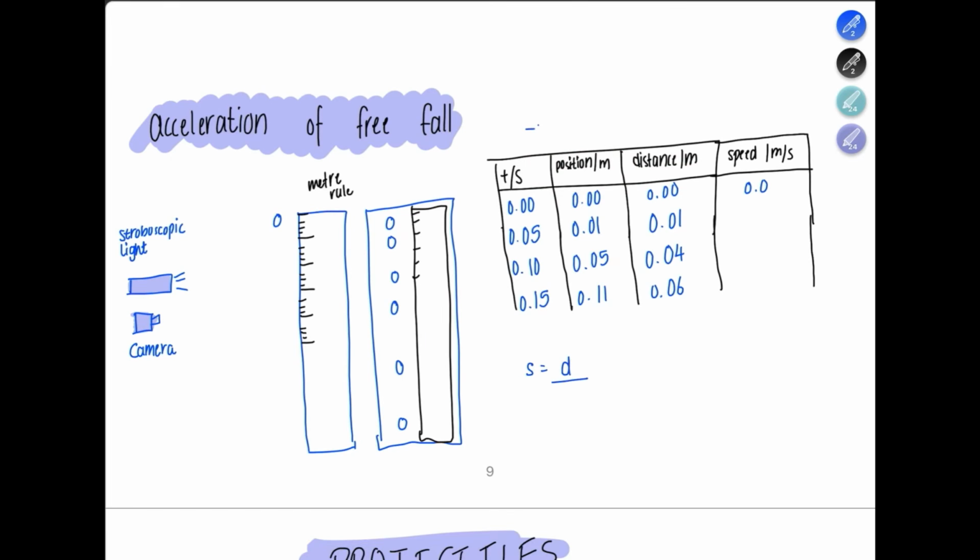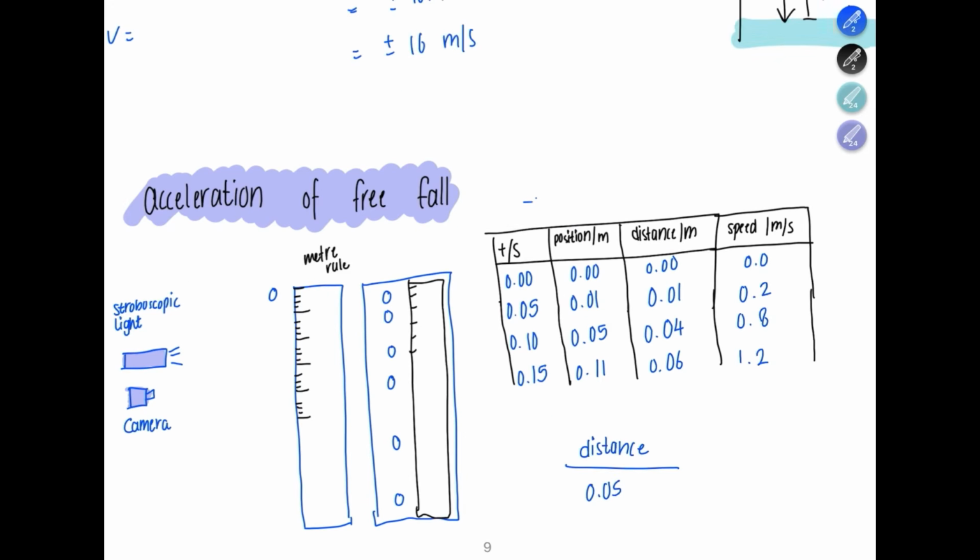For example, if you're finding the speed here, you have to subtract t1 from t2, so it's going to be 0.05 minus 0 in order to find the time here. For the last row, you have to subtract 0.15 minus 0.1. And if you notice, the difference between two consecutive values is 0.05. So you just have to divide this by 0.05 seconds.